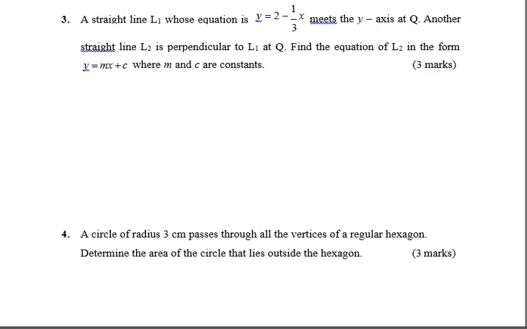Let us look at question number 3. We are told a straight line L1 whose equation is y equals 2 minus a third x meets the y-axis at the point Q. Again, we are told another straight line L2 is perpendicular to L1 at point Q. Then we are required to find the equation of L2 in the form y equals mx plus c, where m and c are constants.